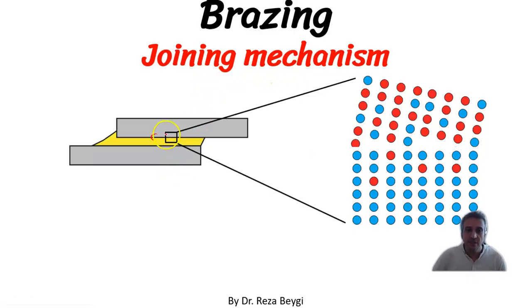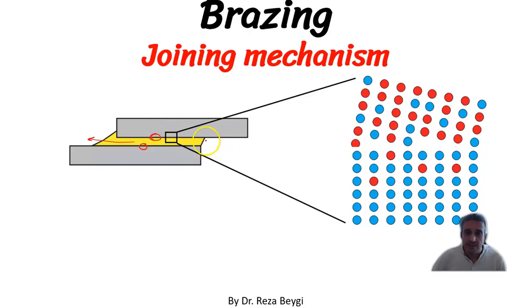Brazing is a joining technique which relies on a metallurgical bonding between the surface of a material and a filler material. This filler material exists in a gap between the materials that are to be joined together.